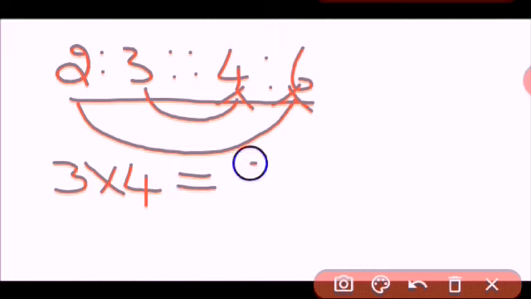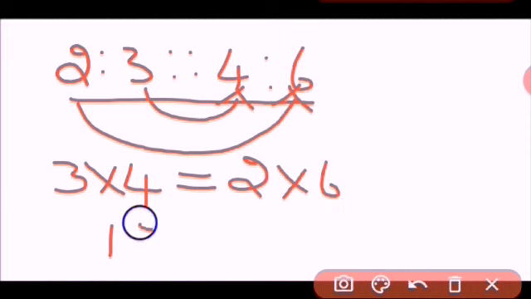That is 3 into 4 equals 2 into 6, 12 equals 12.